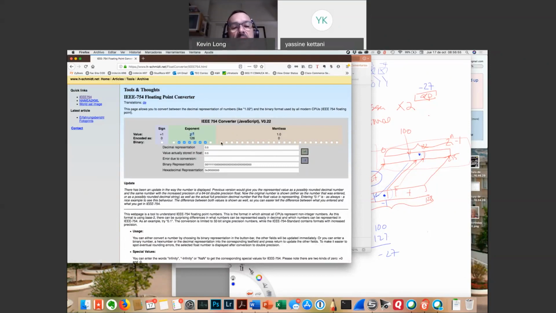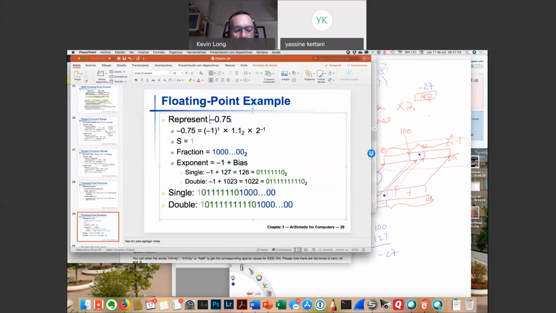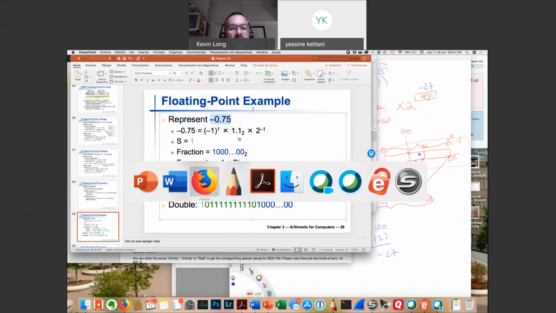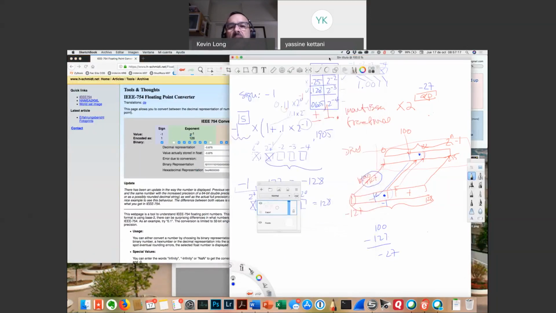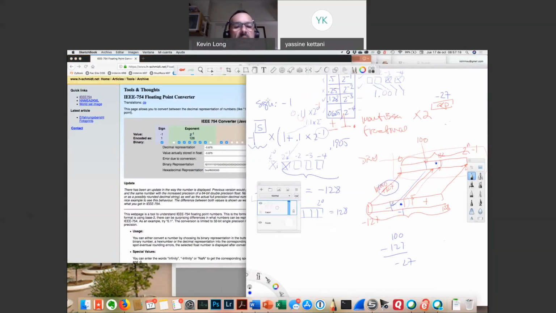And then what about over here? I need the 0.5 and the 0.25, right? Well, but wait, this is getting me a different number. What I wanted to represent was -0.75. I still have lots of moves in this thing. First of all, I need to set the negative bit. All right, got that part done. So why is this the 0.5 and the 0.25 not what I thought I needed to get 0.75?